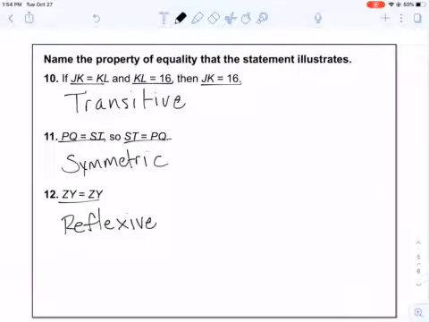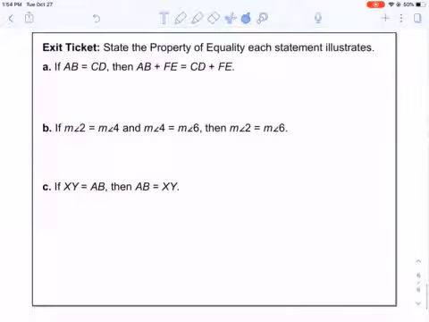Now, one thing to be careful of, don't forget we can still use those other properties. A lot of students, I'll give them something like this, and they'll go, oh, that's 1, 2, 3 unique things, transitive. But that's not transitive. We're adding the same thing to both sides, so this is actually the addition property of equality.